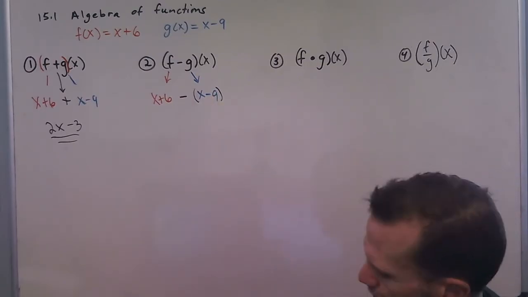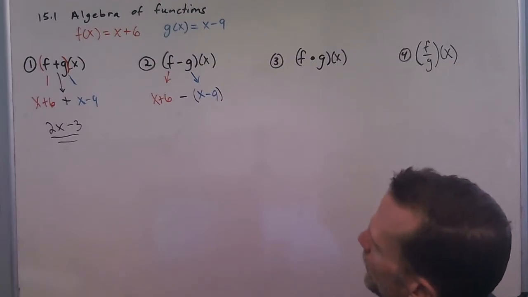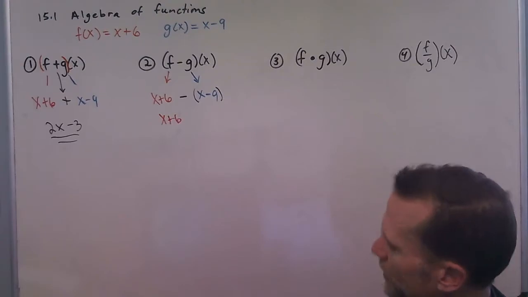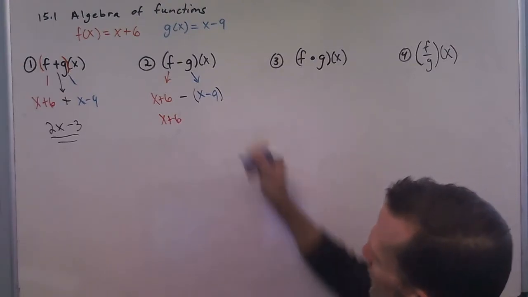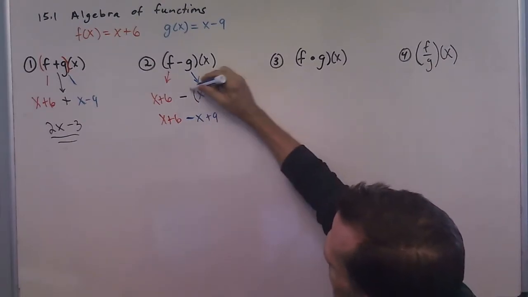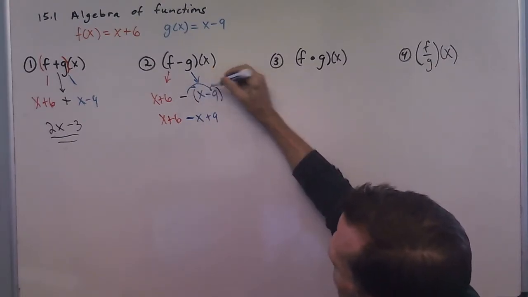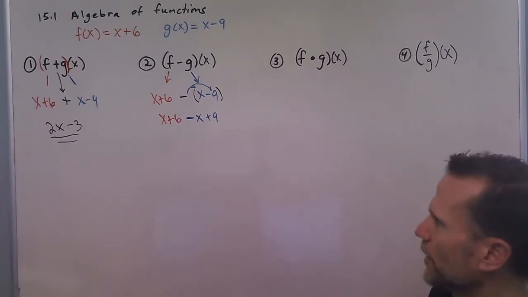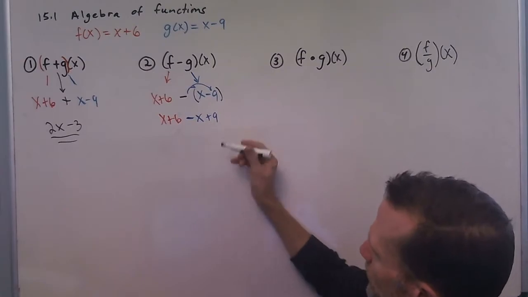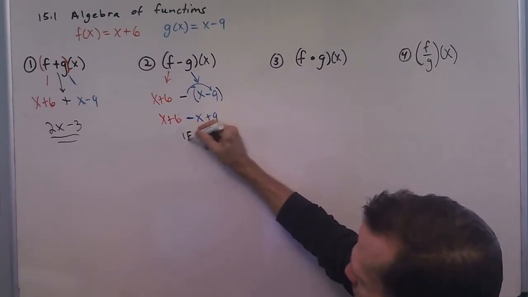So what we get here is x plus 6, and then minus x plus 9 because of this negative being distributed into that parenthesis there. And what we end up with is the x's cancel out, and we have 6 plus 9 is 15.